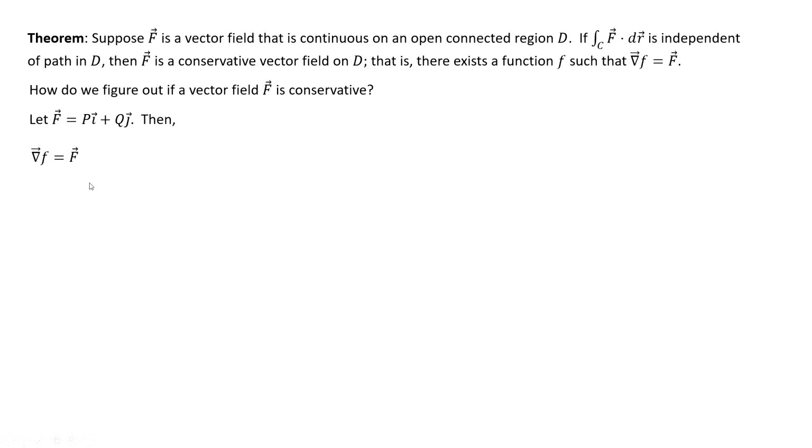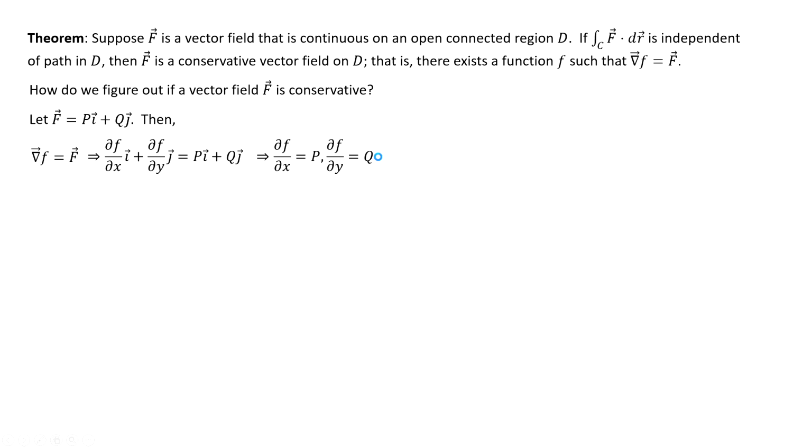Then del f is equal to F. What does that mean? Del f is nothing but partial f with respect to x i plus partial f with respect to y j, which is going to be equal to this Pi plus Qj if this is a conservative vector field.